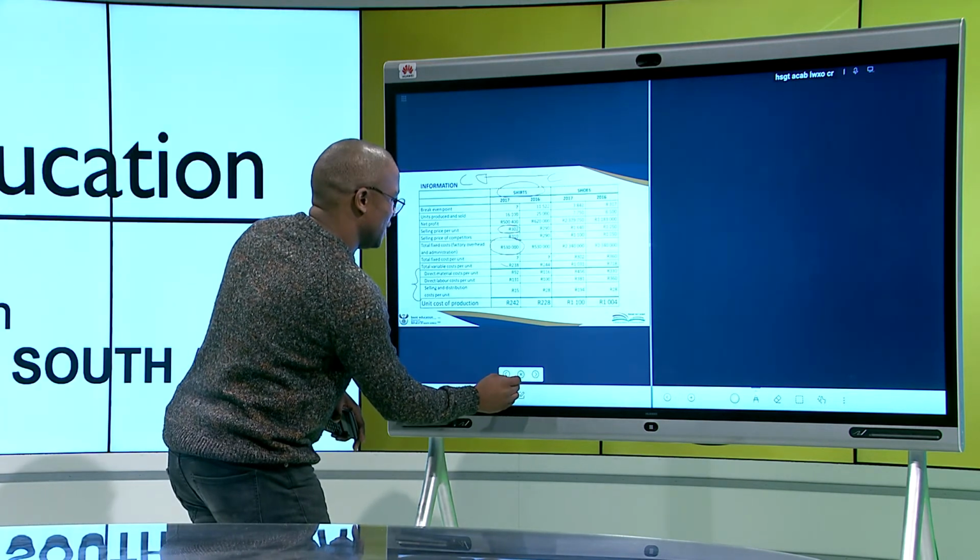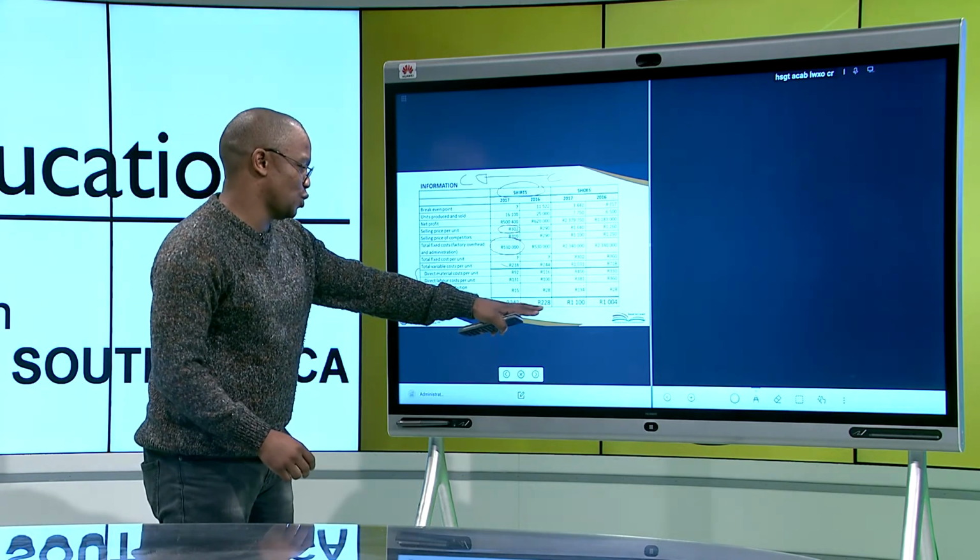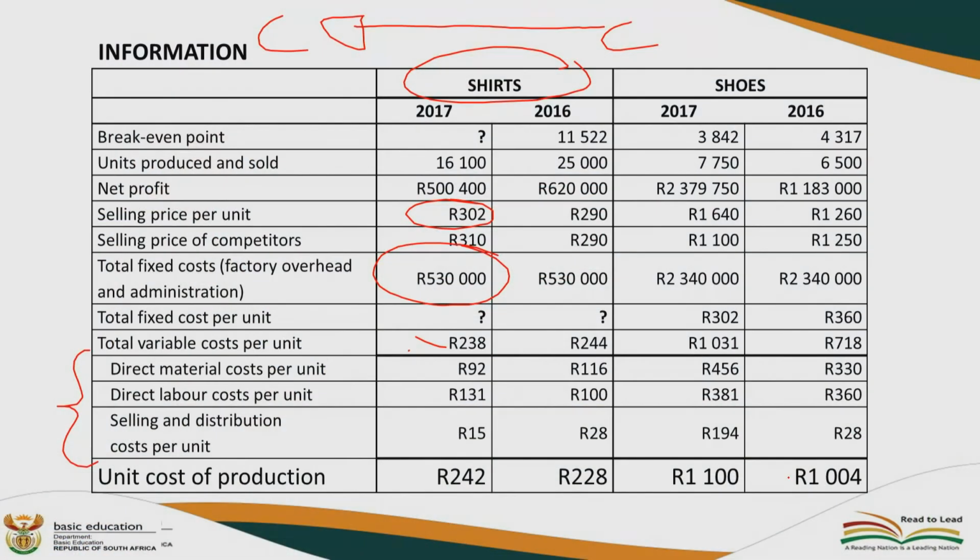Let's go to the information. The unit cost has increased from 228 to 242. Let's check what might have happened. Check your units produced. It was 25,000. It is now 16,100. Means answer number 1, you can say the units produced decreased.